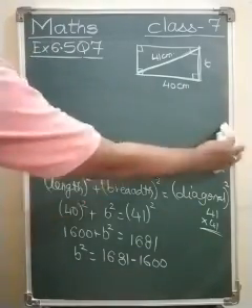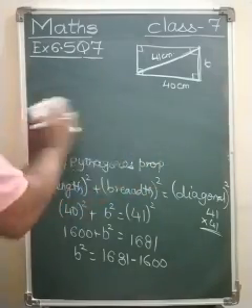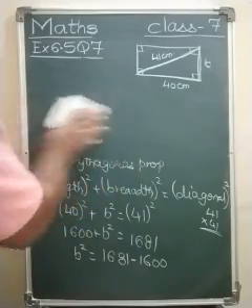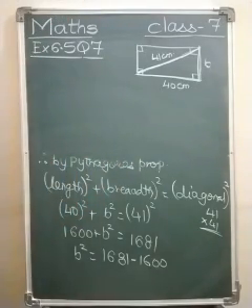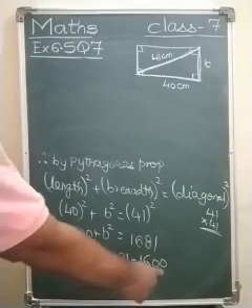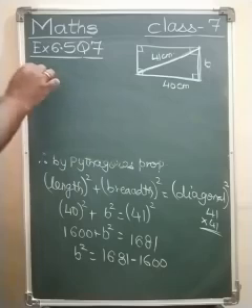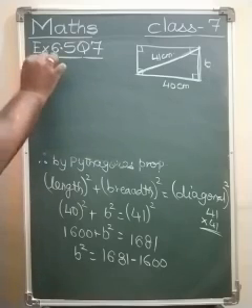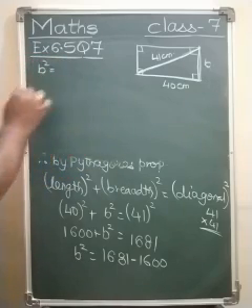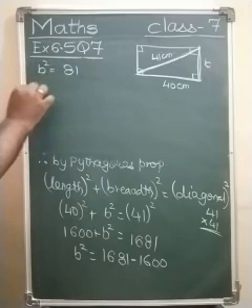Remember, we have to find the perimeter. Now we are only finding the breadth. So b square equals 1681 minus 1600, so b square equals 81.